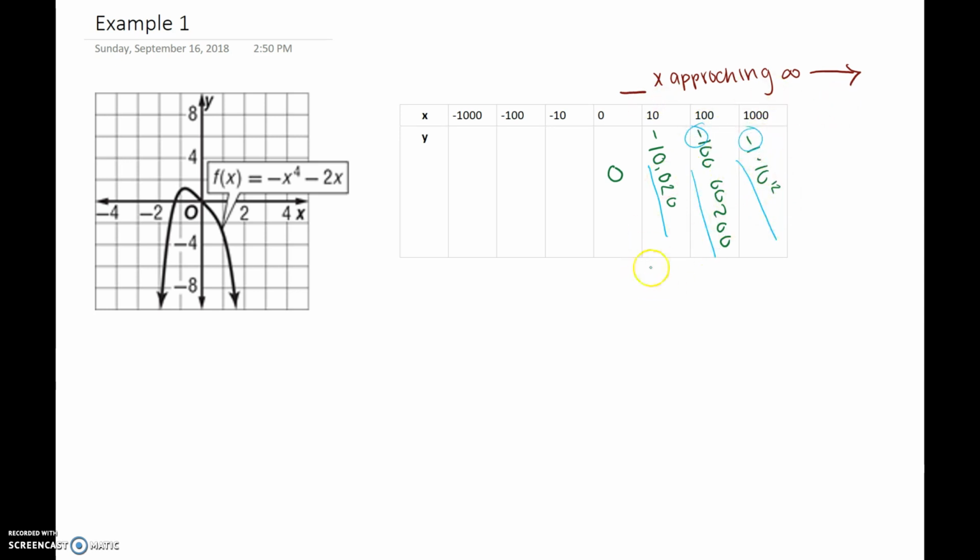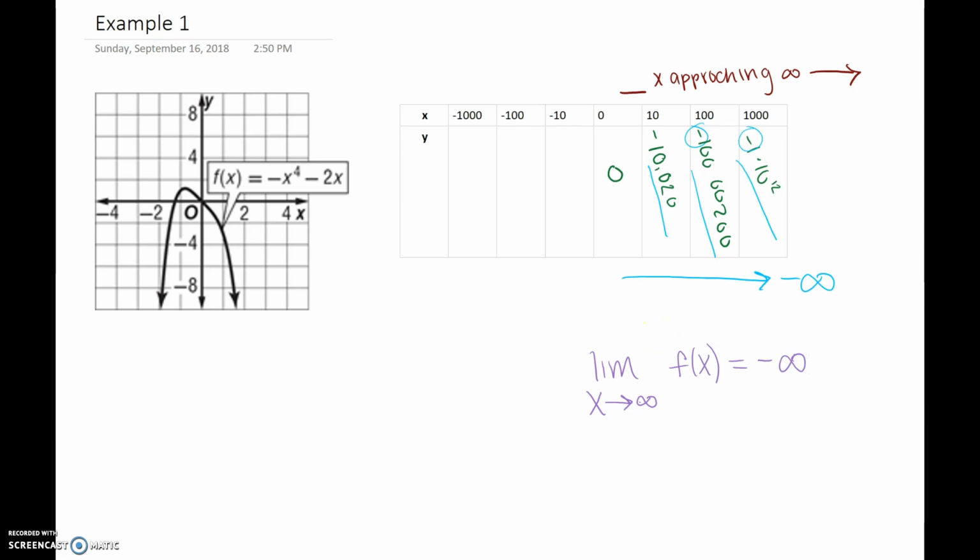So as x is approaching positive infinity, y is approaching negative infinity. So one thing we can say is the limit as x approaches infinity of f of x equals negative infinity.